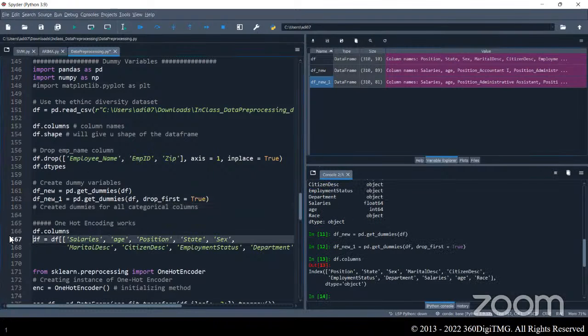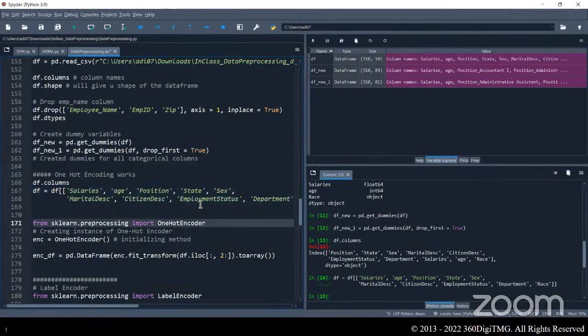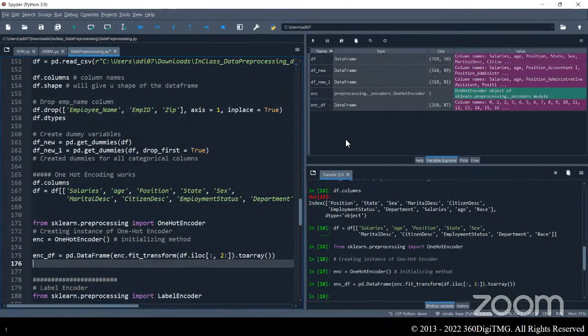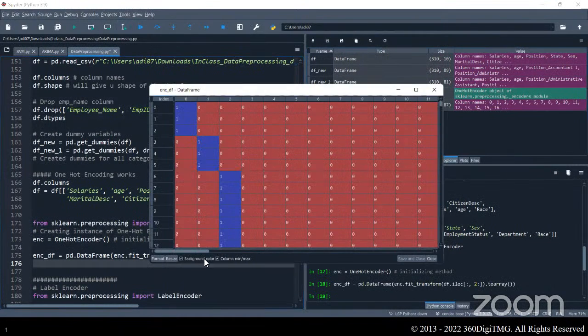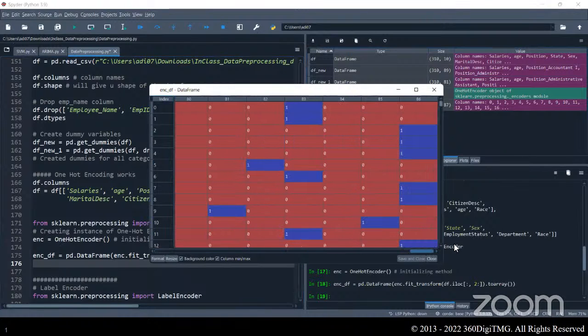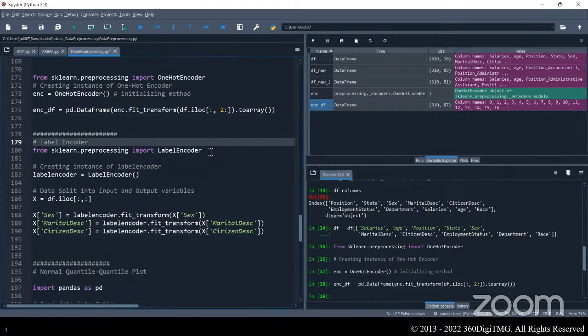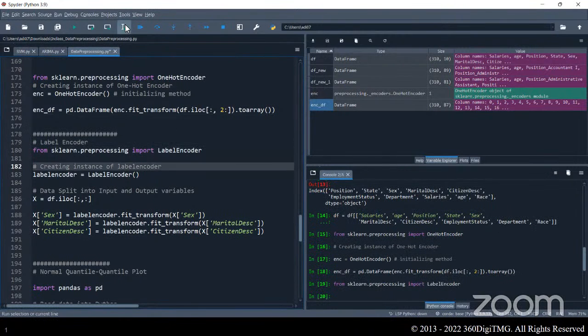Similarly, we can do one-hot encoding. We'll apply one-hot encoding. And here again, the values are converted into zeros and ones. Or we can do label encoding.